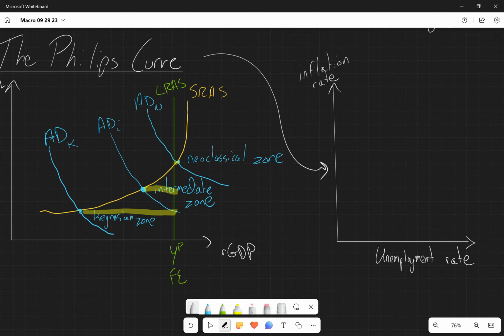And what we find over time is that there is a trade-off between unemployment and inflation.